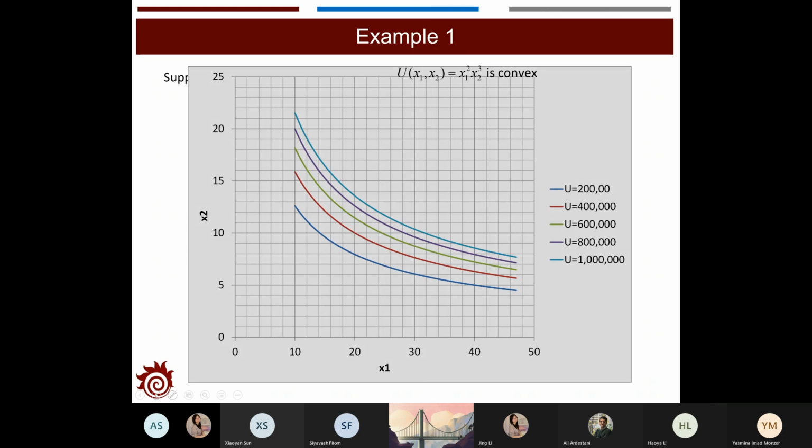With this utility function, we can then draw the iso-utility curves. They are convex functions, and this figure shows 6 different utility values: 20,000, 200,000, 400,000, 600,000, 800,000, and 1 million, with respect to x1 and x2. So these are the iso-utility curves, and each one represents a fixed utility value.